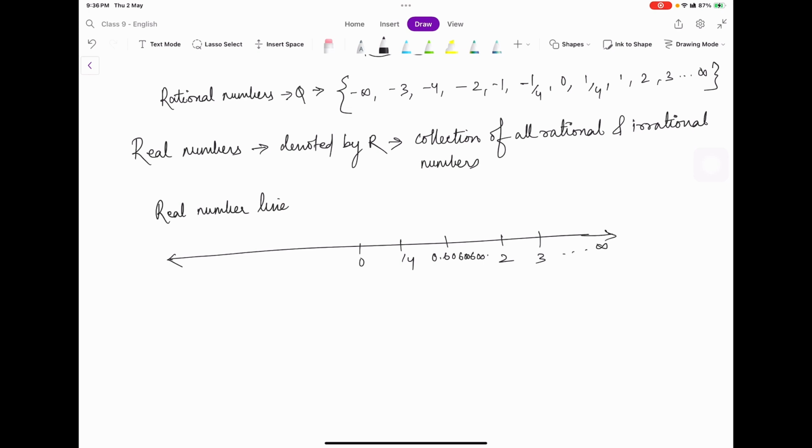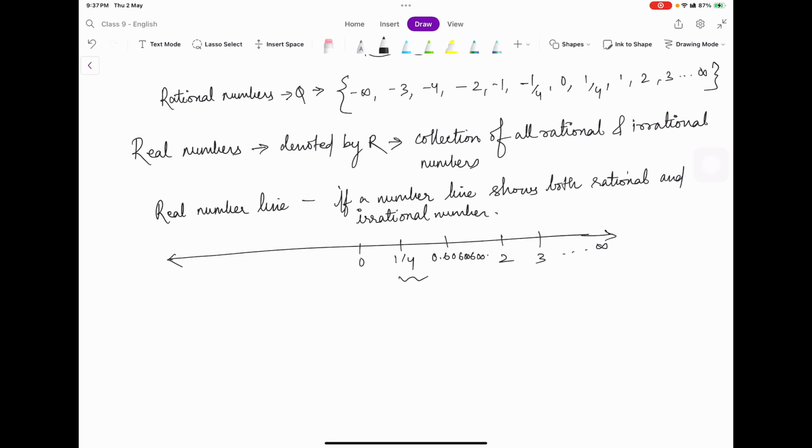If a number line shows both rational and irrational numbers, okay, so it's a real number line.